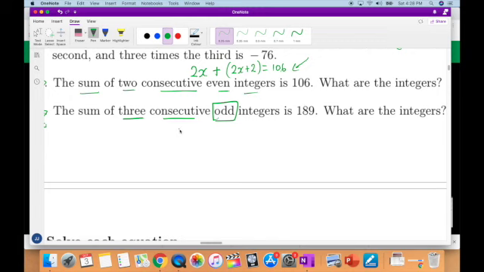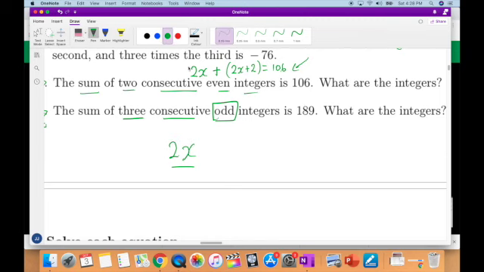So I'm using 3x as my first number. But how am I sure that 3x is going to be odd? Remember, I was sure that 2x is even, because no matter what number x is, once you multiply it by 2, you'll get an even answer.